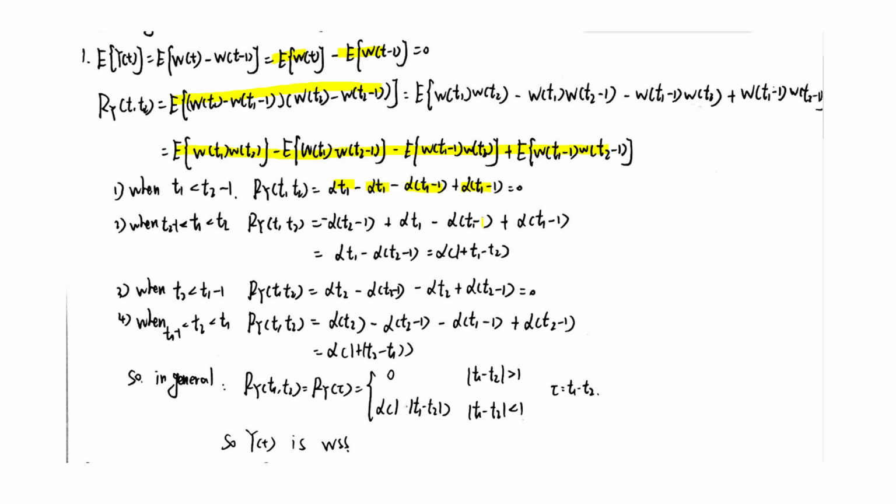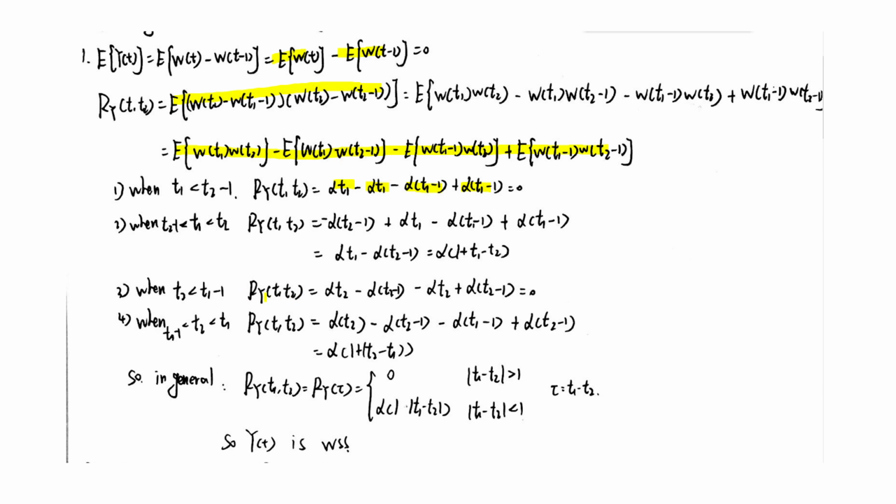And the second circumstance is when t1 is greater than t2 minus 1 but less than t2. Similarly, we can find the value under this circumstance: R_Y(t1, t2) is equal to alpha (1 plus t1 minus t2). And the third circumstance is when t2 is less than t1 minus 1.